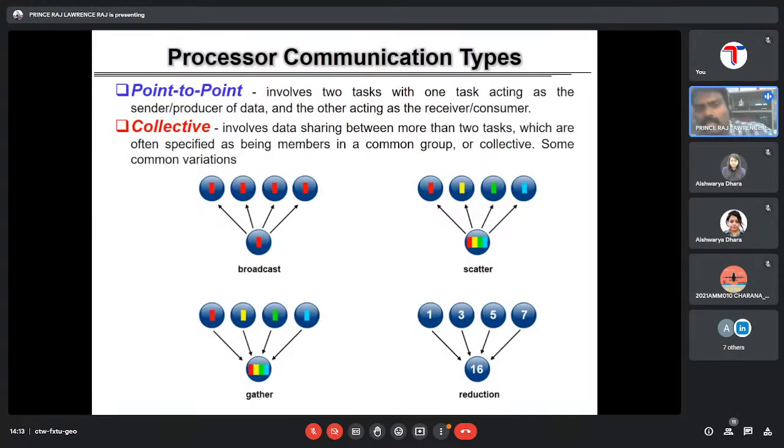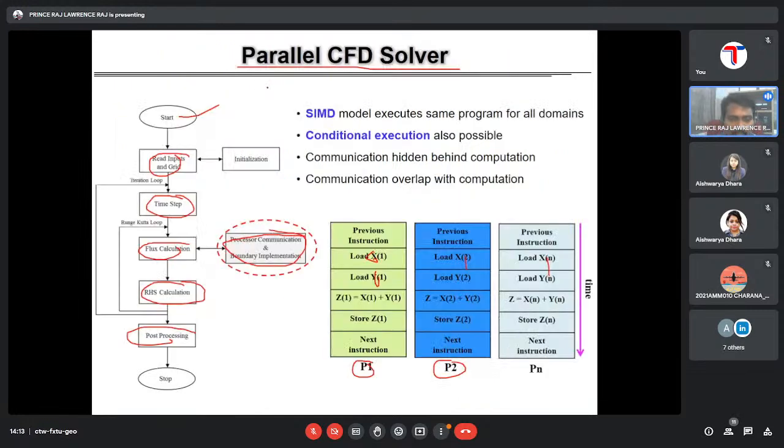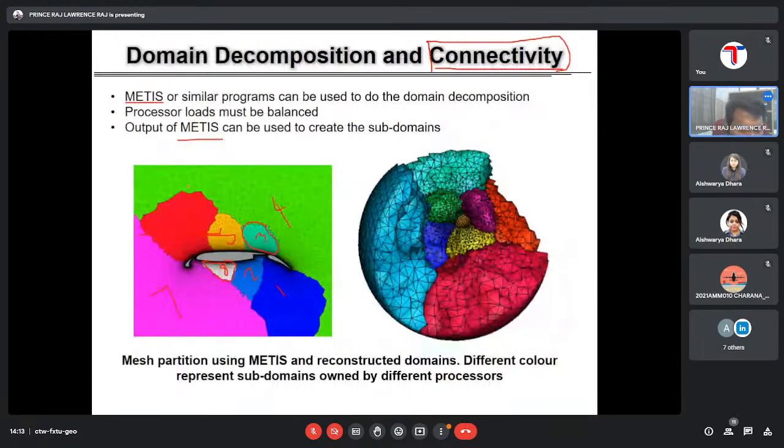How does the processor communication work? As I said earlier, you see this area. If you zoom in, it will be like this. For example, this is one cell and this is another cell. This is a cell center and this is a cell center. These two cells have to communicate to calculate the data at this interface.